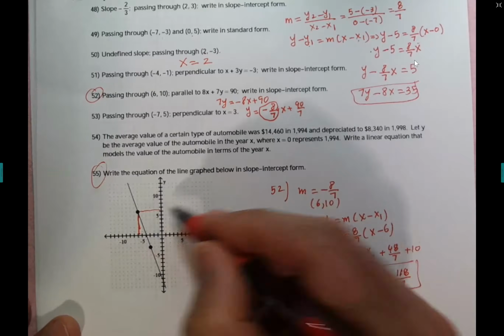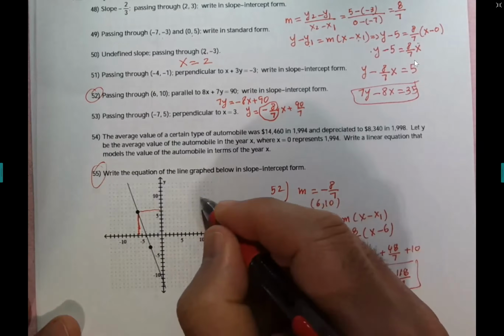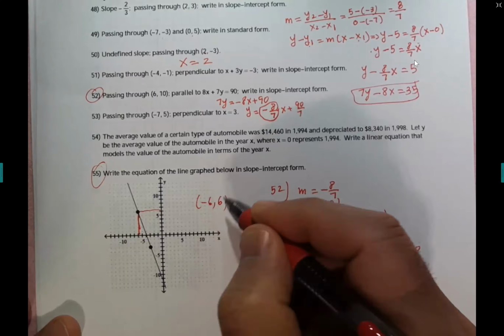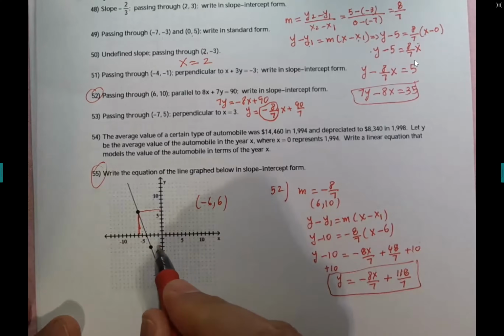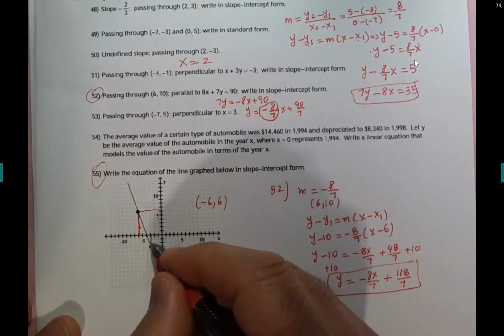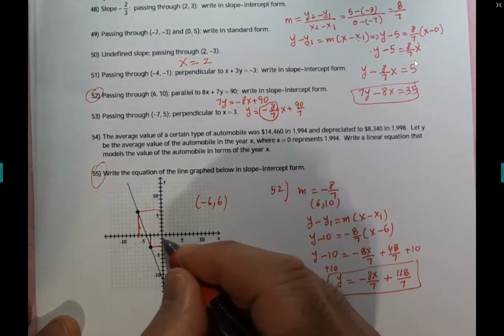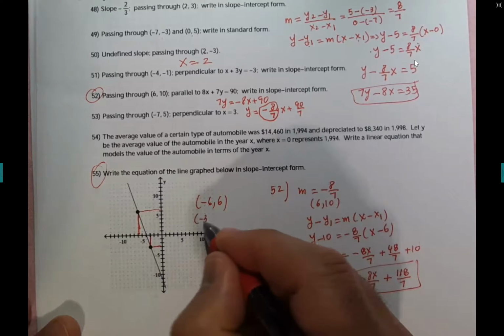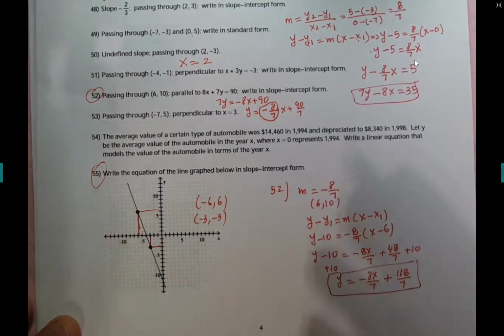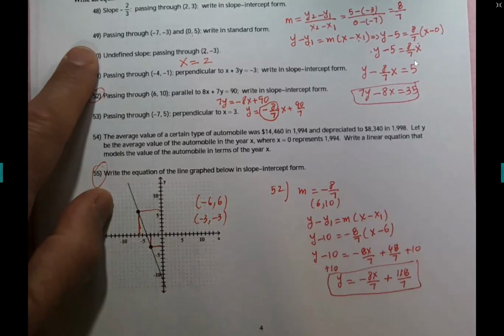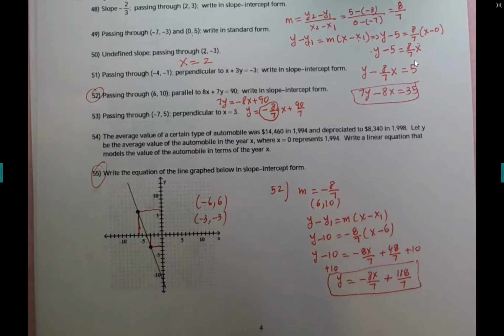Negative 6 if you agree with me. And for this one, guys, that would be what? Negative 3, 1, 2, 3, negative 3. And now you have the 2 points. You just do exactly like we did in number 49. You find the slope and then you write the equation.